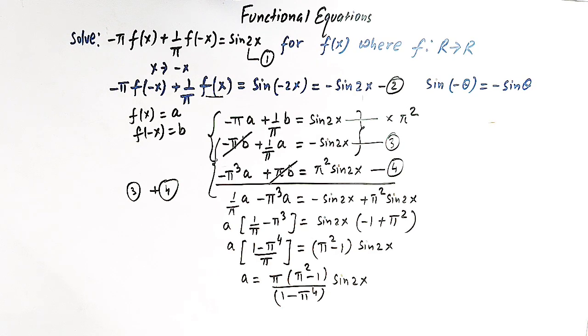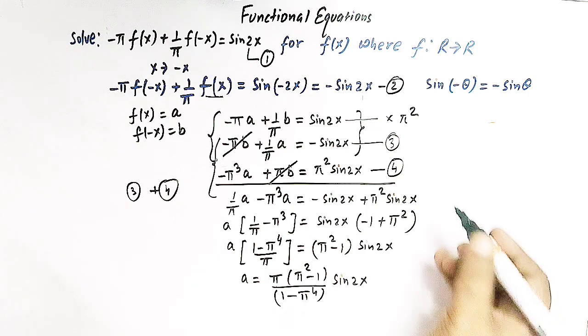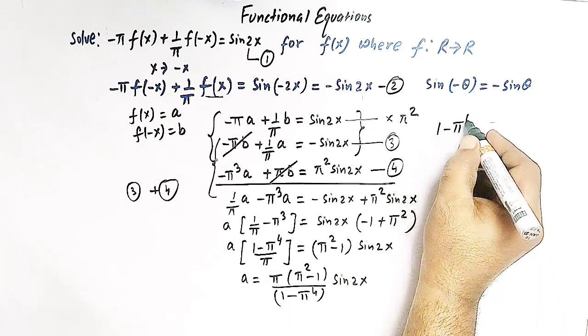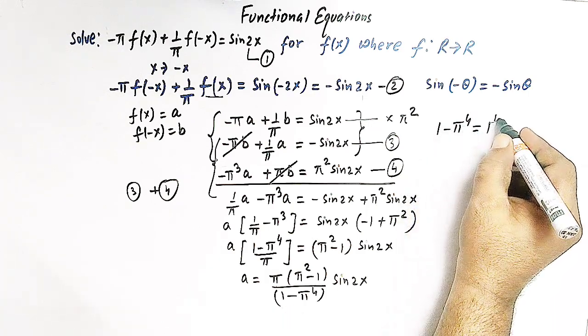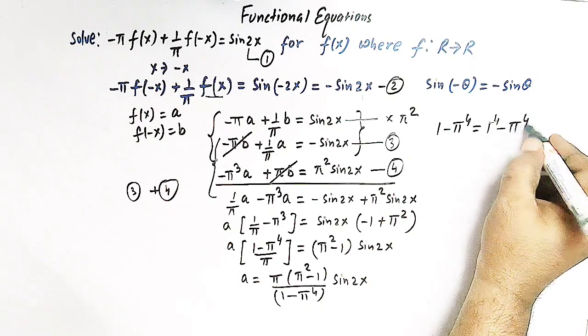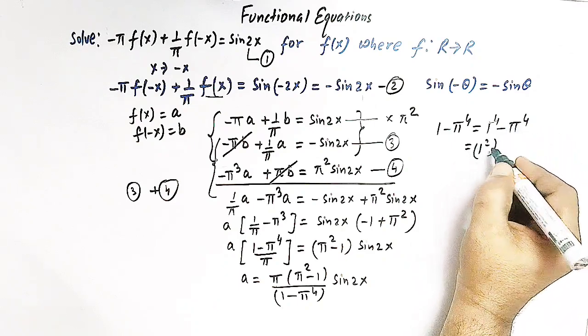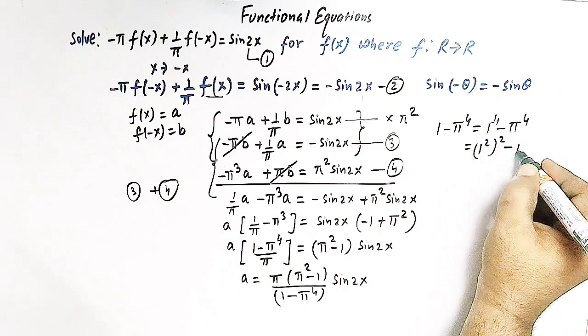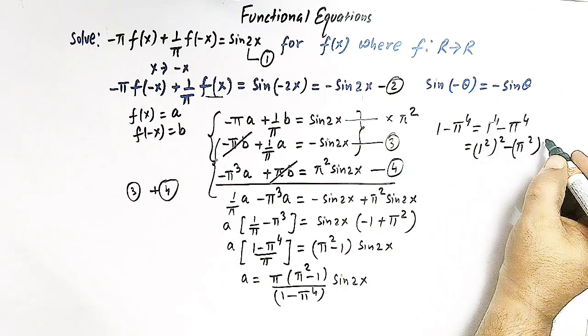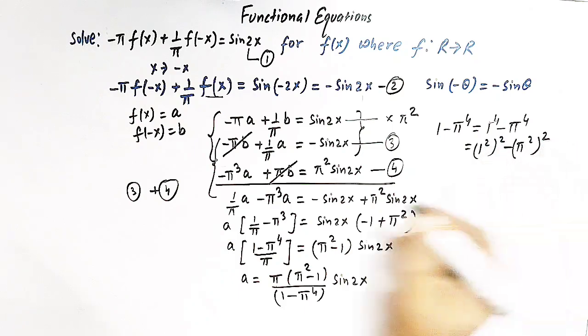Now using some algebra, we can write 1 minus pi raised to 4 as 1 raised to 4 minus pi raised to 4, which is 1 square whole square minus pi square whole square.